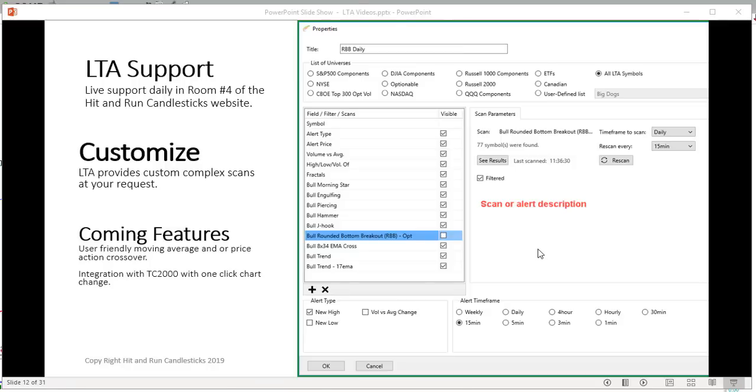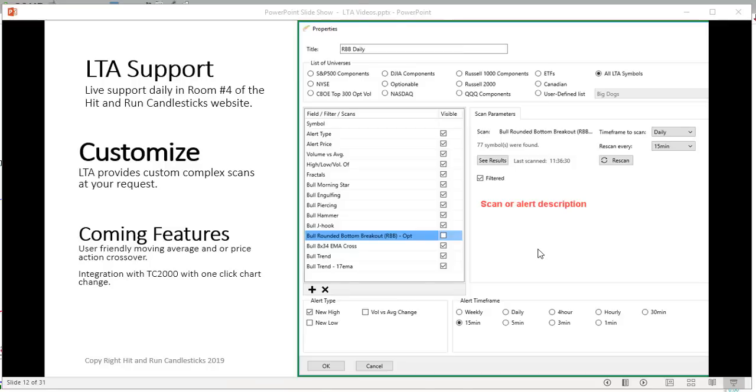When it comes to support, if everybody here is familiar with Hit Run Candlesticks and Right Way Options, if you go to the Hit Run Candlesticks Right Way Options Room 4, there's support in there just about every day. If you need some personalized support, just drop us an email and we can set it up.